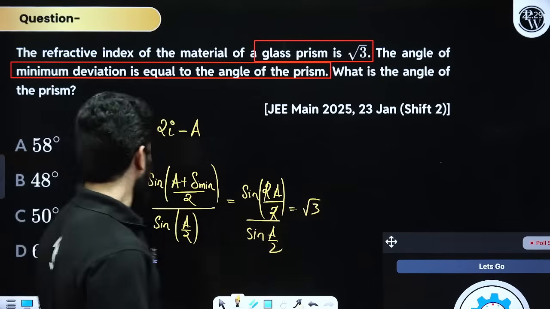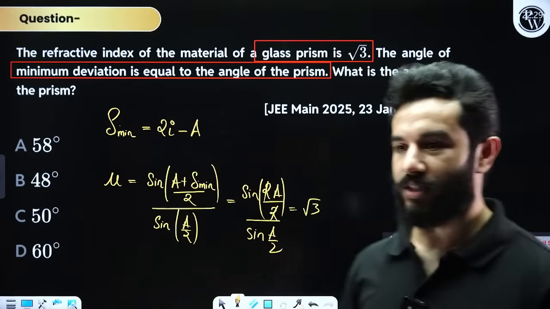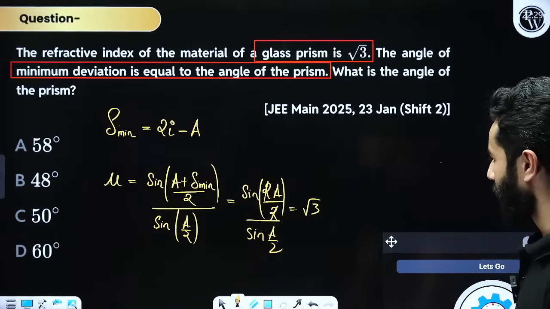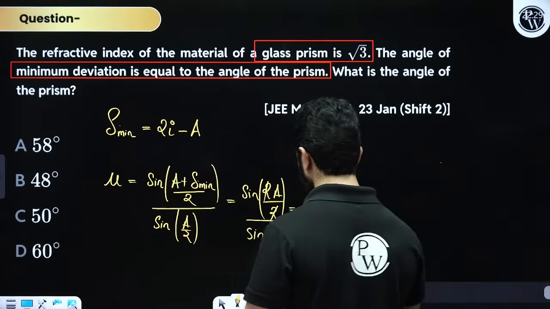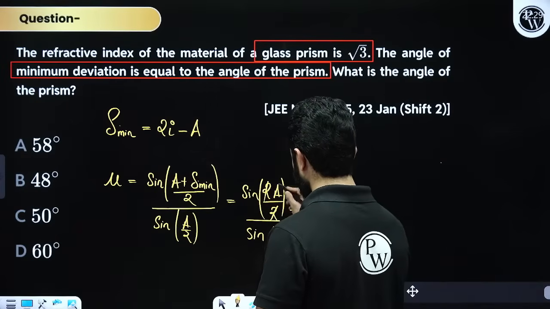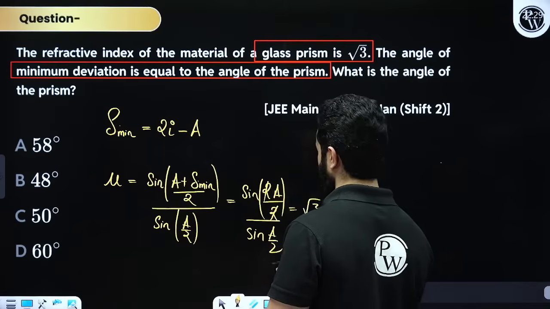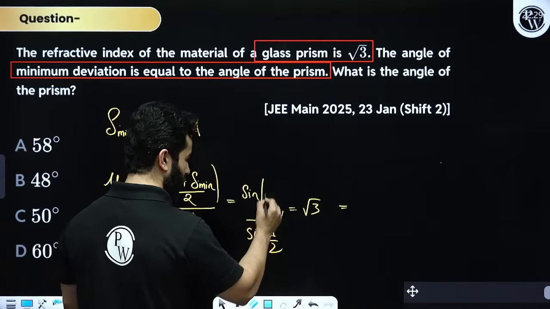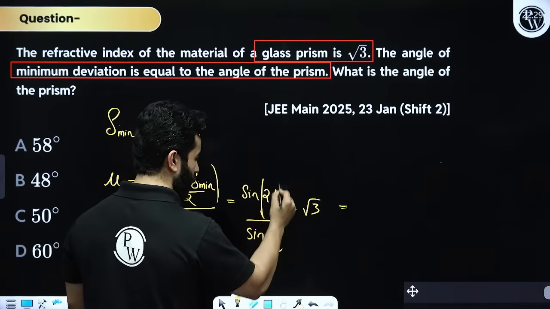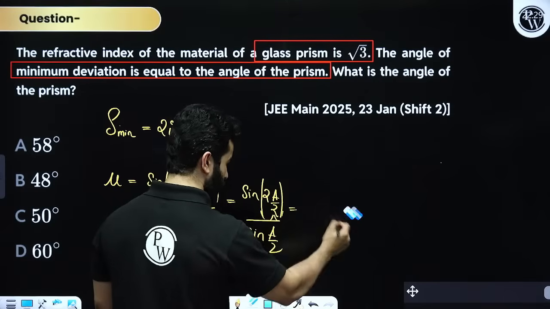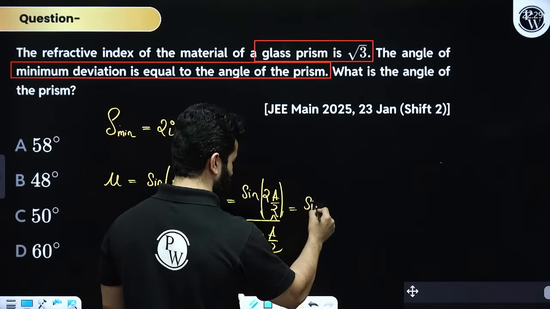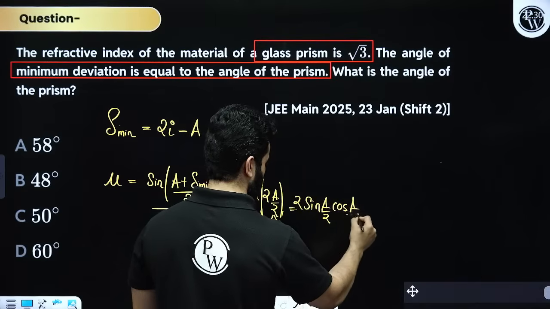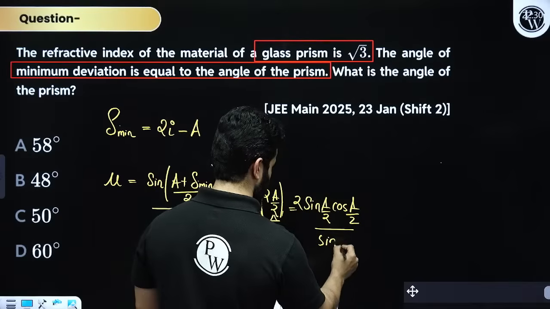You might not get the correct answer, but no, you will get the correct answer. I don't think there will be any problem. If you have any doubt, sine A can be written as sine of 2 times A by 2, which we can write as 2 sine A by 2 cos A by 2, divided by sine A by 2.